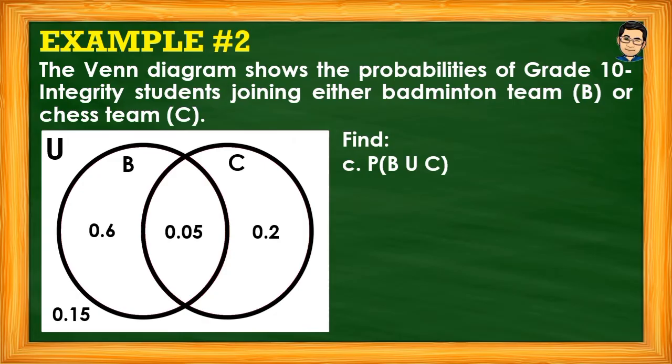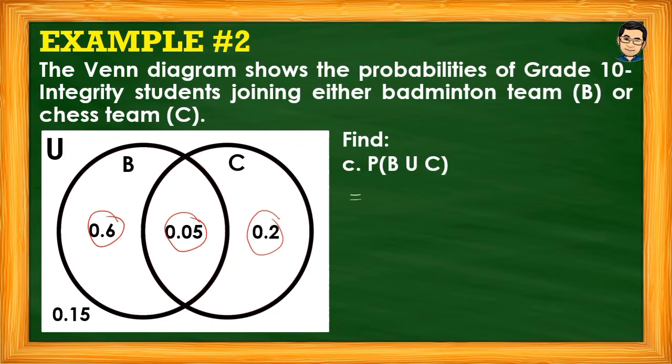So, what about the probability of B union C? So, kapag union, so probability of union of two events, ina-add lang po natin yung mga numbers or yung mga data na nasa loob ng circles. 0.6, 0.05, and then 0.2.